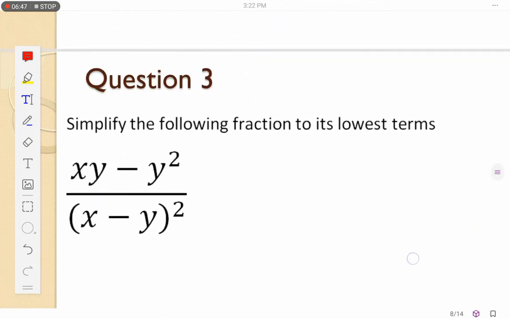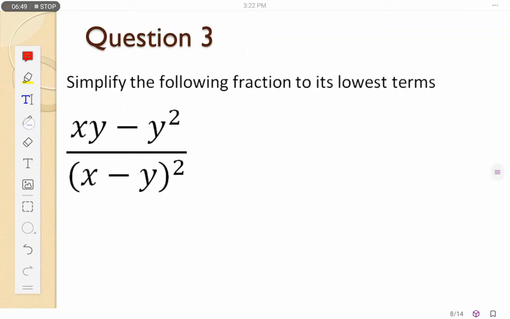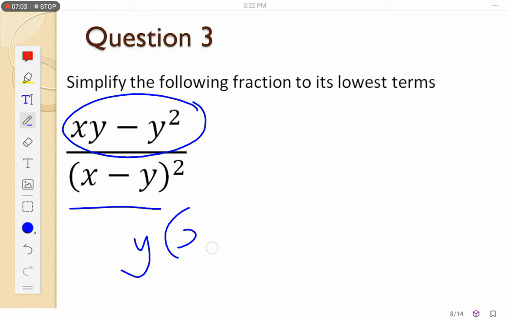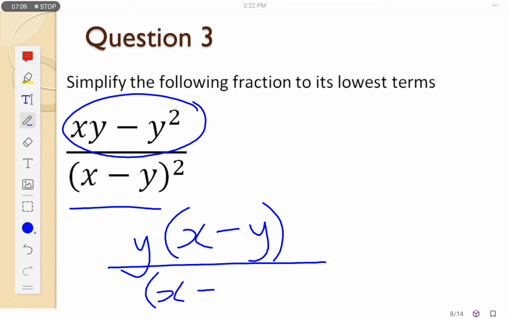Let's have another one. Okay, here I've got another one. For this one, I can factor out y, which is common there. Then this one I can separate the brackets, so I can have y being common, x minus y over x minus y, sorry, this is y, x minus y by x minus y.